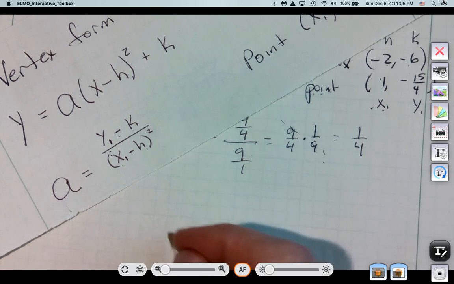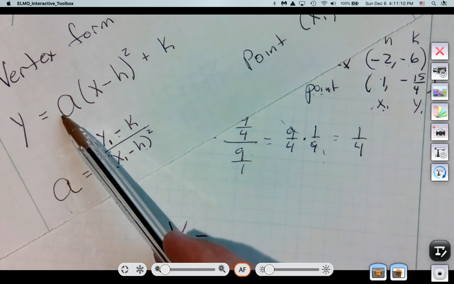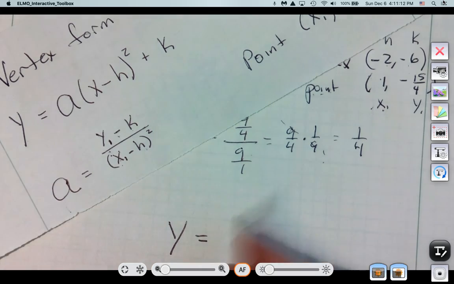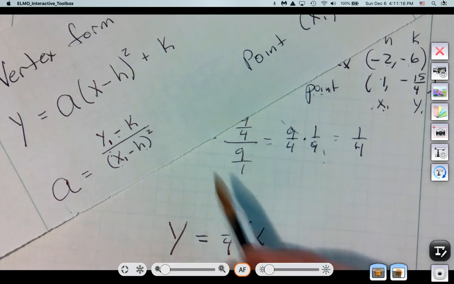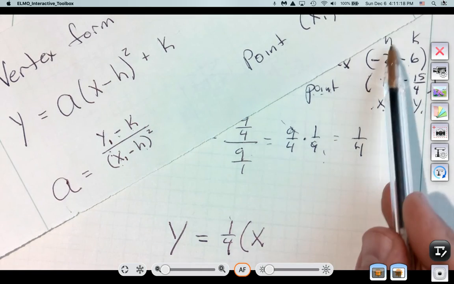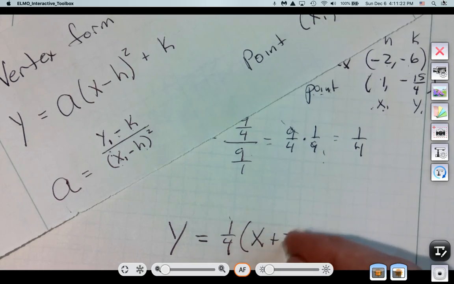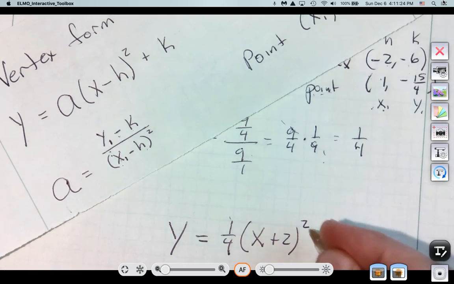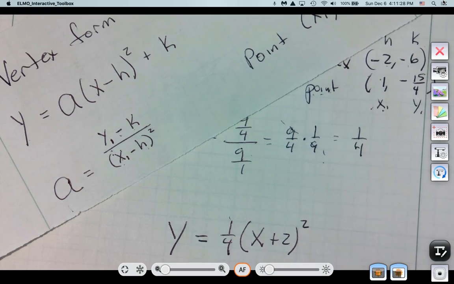So y equals, what's a? I found a to be 1/4, parentheses, x minus h, but what was h? h was a negative 2. So when I minus a minus, it's going to be plus 2 squared. Don't forget the squared. And then plus k. What was my k? Negative 6.